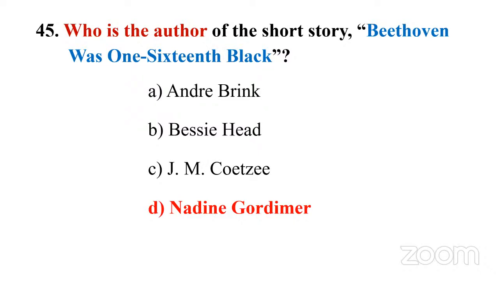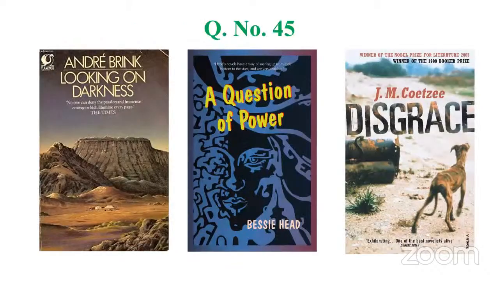Okay. Let's also check out some of the famous works. We have Andre Brink, his famous novel, Looking on Darkness, which was actually banned when it was written. Then we have Bessie Head, A Question of Power. And we have the Nobel laureate and Booker Prize winner, J.M. Coetzee, C-O-E-T-Z-E-E.